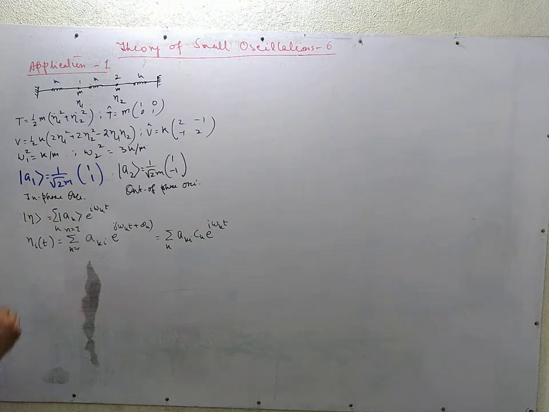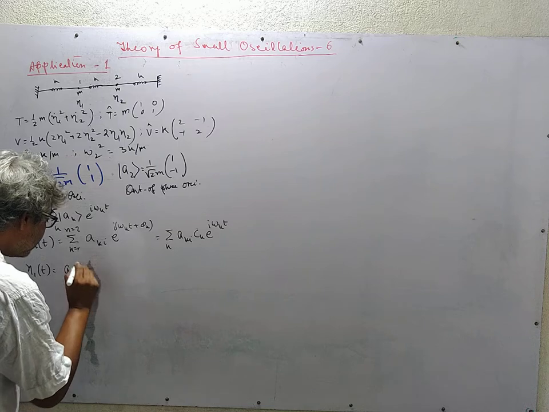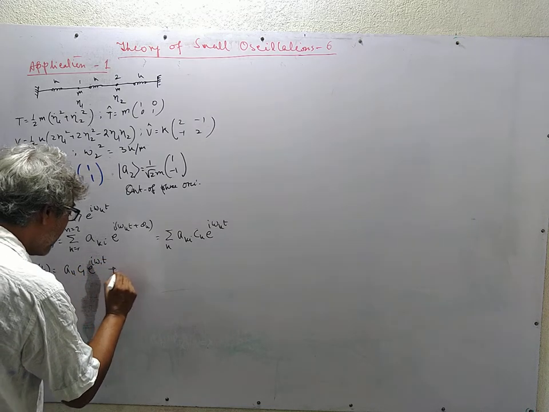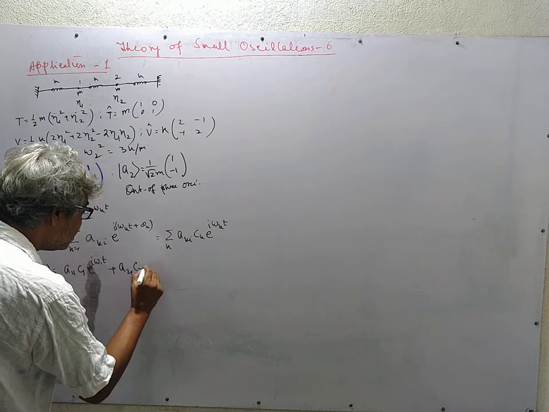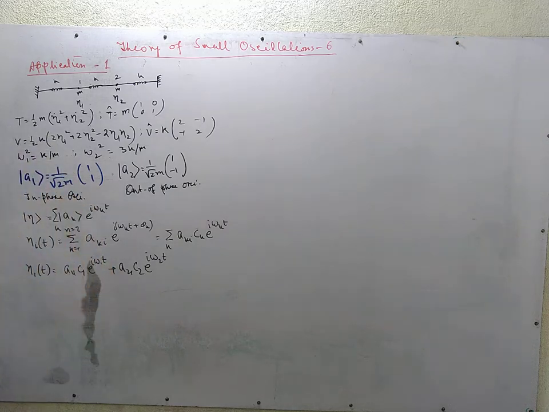so that eta_1 of t is equal to a11 c1 e to the power i omega_1 t plus a21 c2 e to the power i omega_2 t. We know the value of a11 and a21.